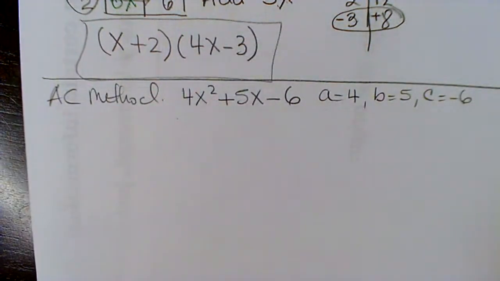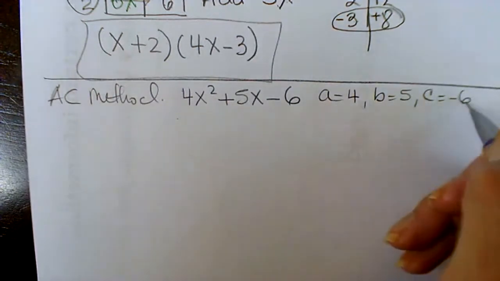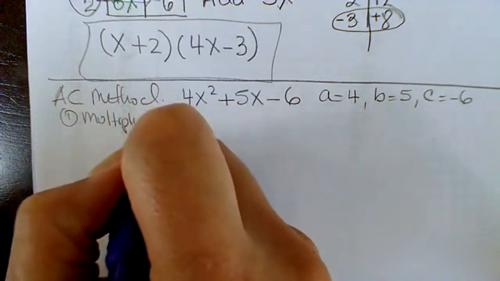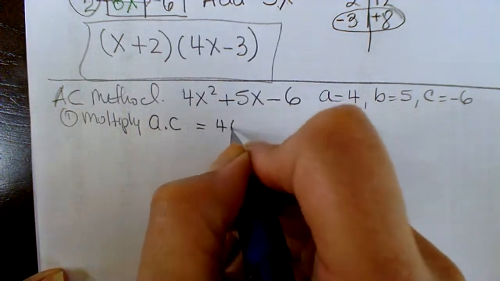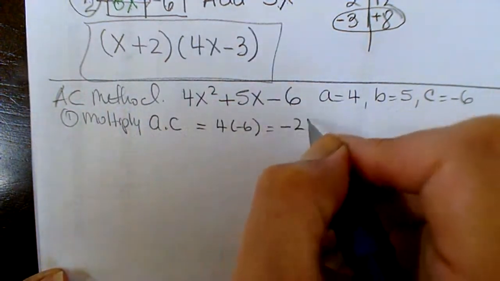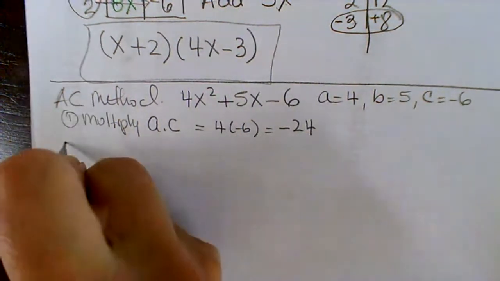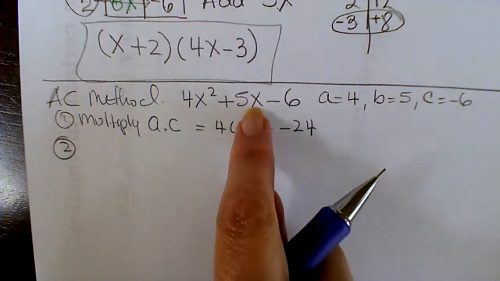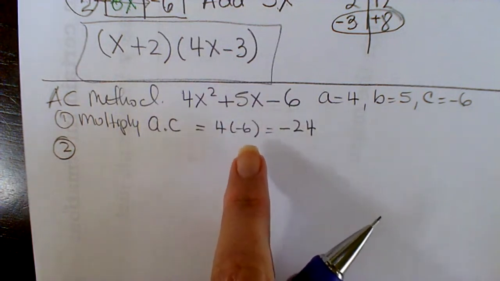First we need to multiply A times C. We get 4 times -6, -24. Now we need to find two numbers whose sum is 5 and whose product is A times C.